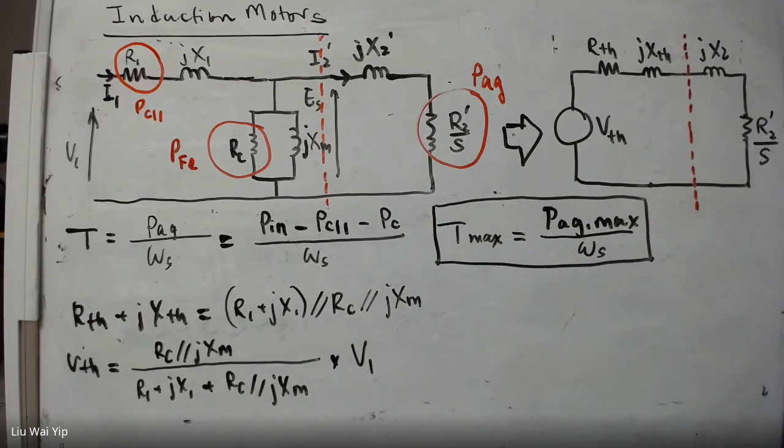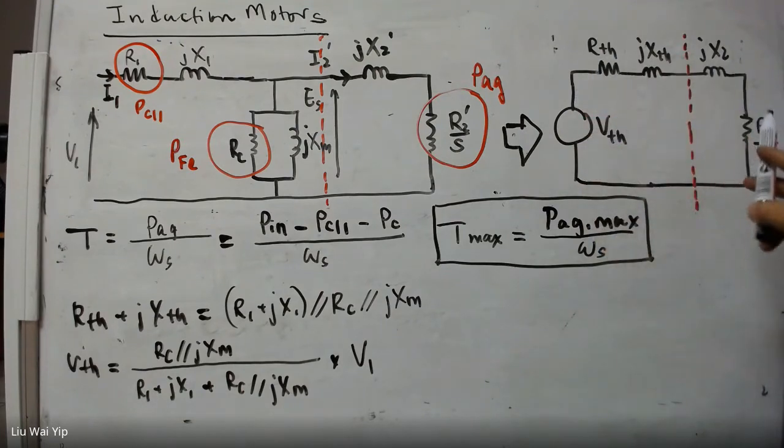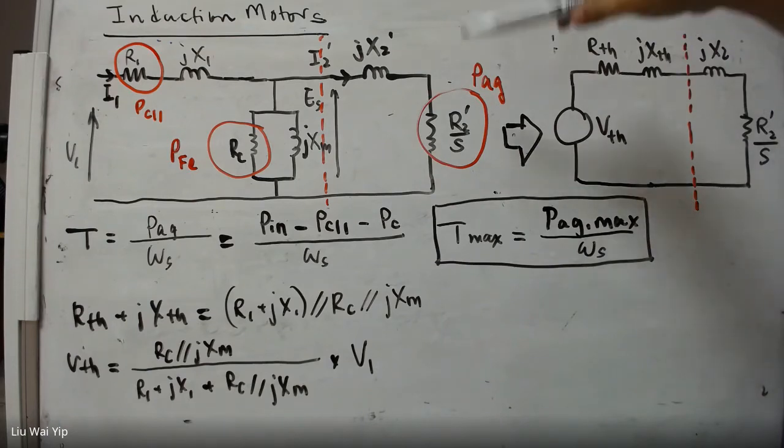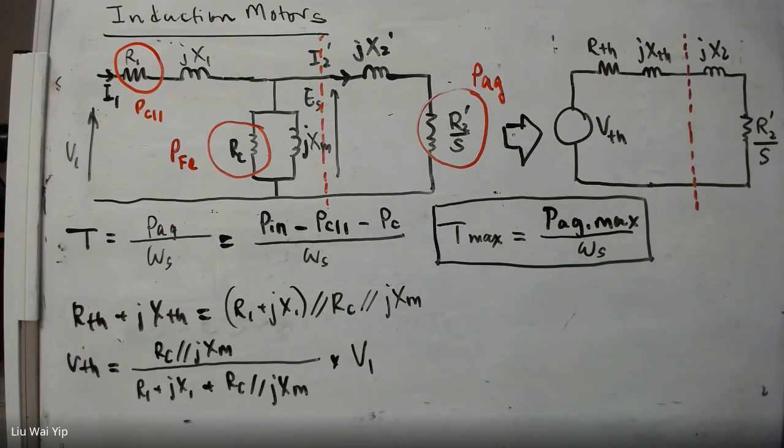The idea is we want the maximum power to be transferred into this resistance, and this resistance is the only one that is responsible for the air gap power.